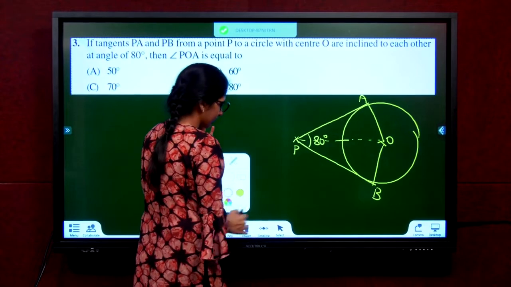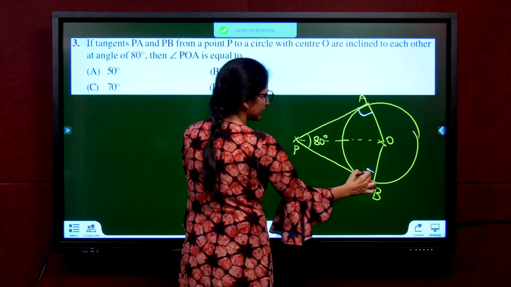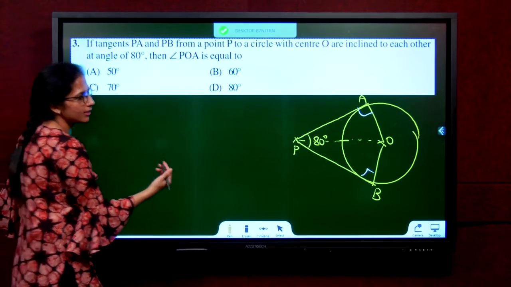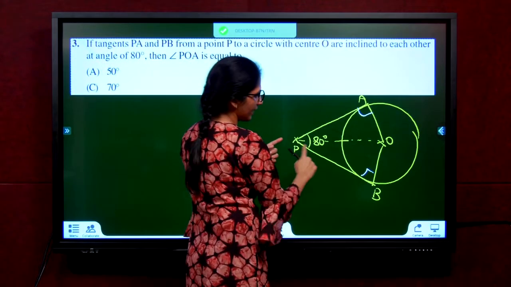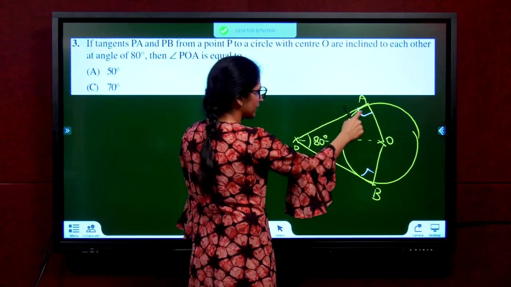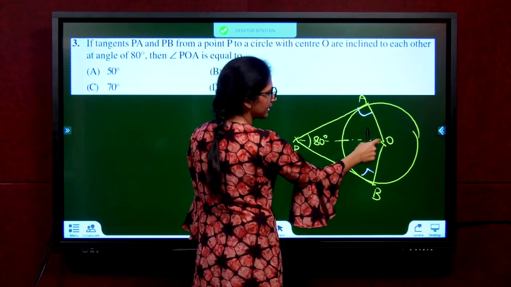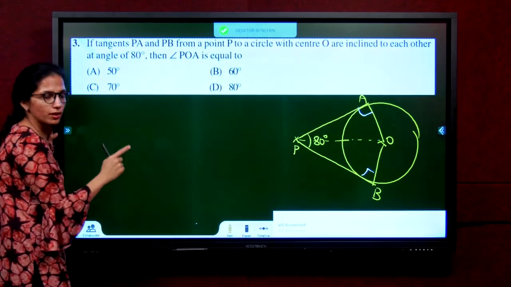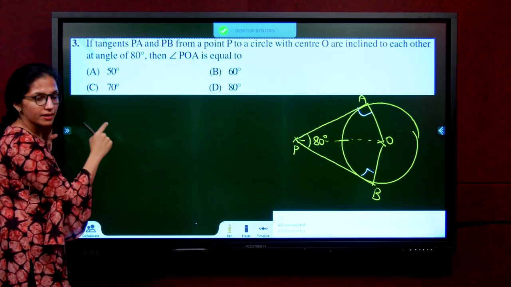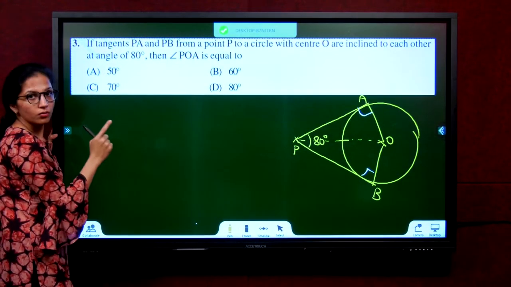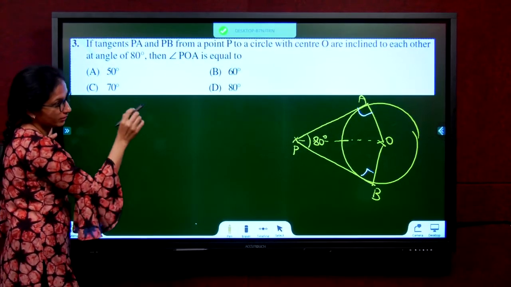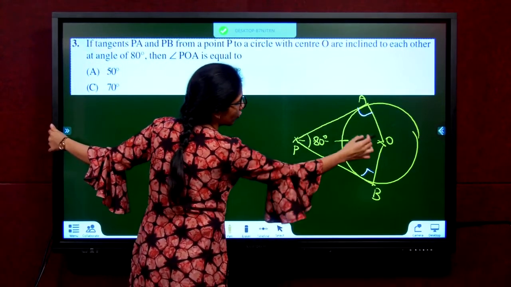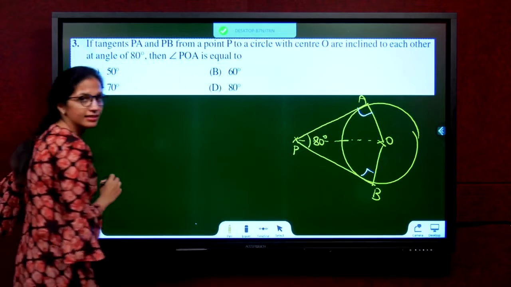Okay, easy. This is 90, this is 90. So same as how we did the previous sum. In quadrilateral APBO, OAP plus APB plus PBO plus BOA is 360.